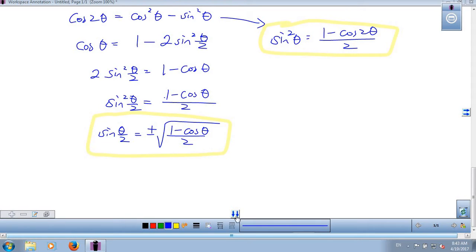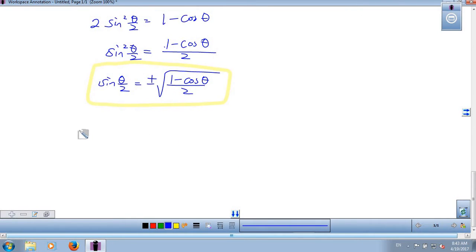Alright. Now let's take a look at this. So we start with cosine 2 theta equal to 2 cosine squared theta minus 1, right?